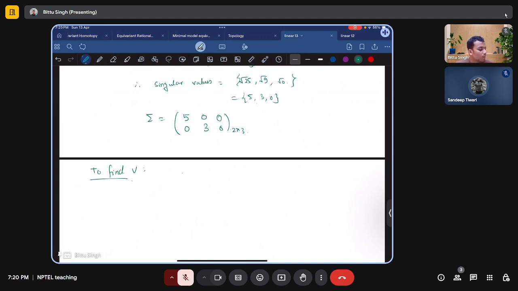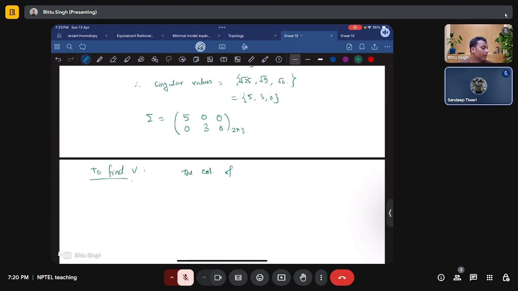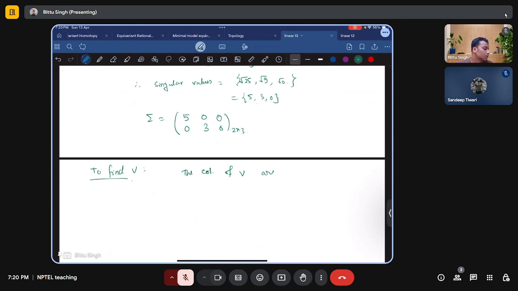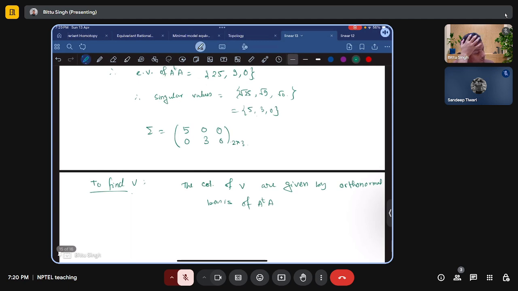The columns of v, or phi, are given by an orthonormal basis of the previous eigenvectors, the orthonormal basis of A transpose A with respect to those eigenvalues, that is 25, 9, 0.